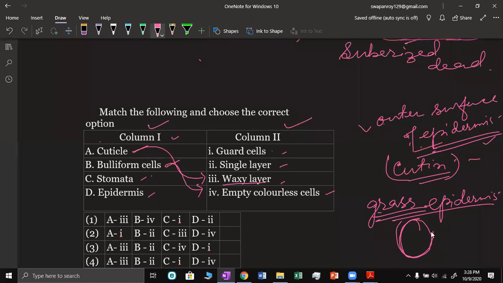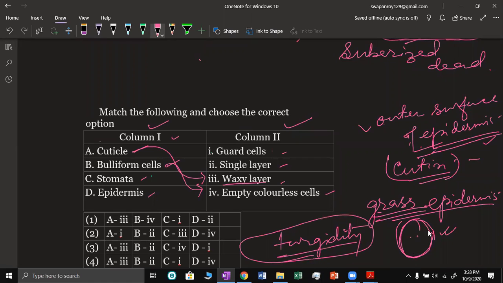A specialized epidermal cell of the leaf, and due to change in the turgidity of the cell, like the guard cells of the stomata, when the cells are turgid, the leaf is widely open, and when the cells become flaccid due to water stress, their volume is decreased, and at that time the leaf will curl inward, so they will reduce the water loss. This is an adaptation of the xerophyte.